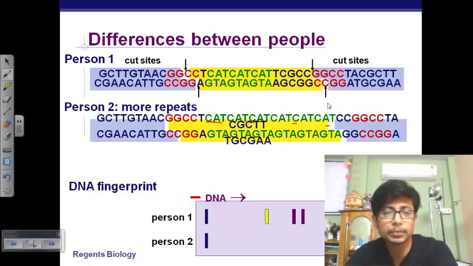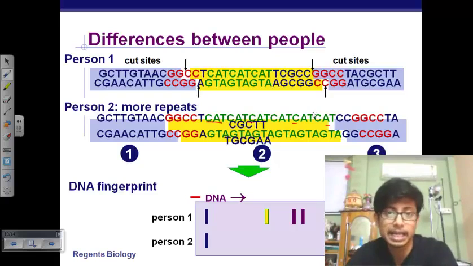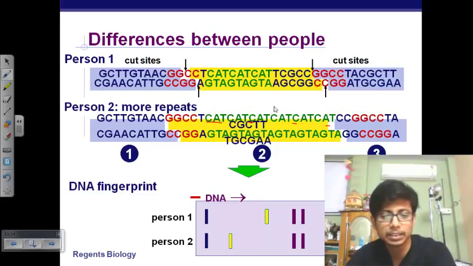We cut it with the restriction endonuclease and get 3 different fragments, load them into the gel, and we get one larger fragment in yellow because it has more repeats compared to person 1, and then the other 2 segments.